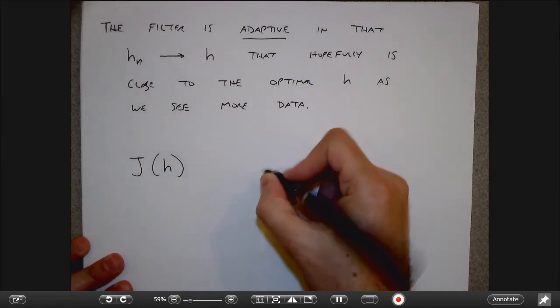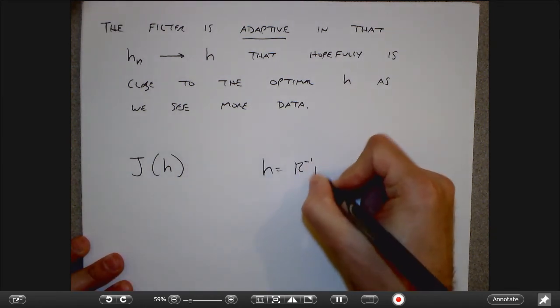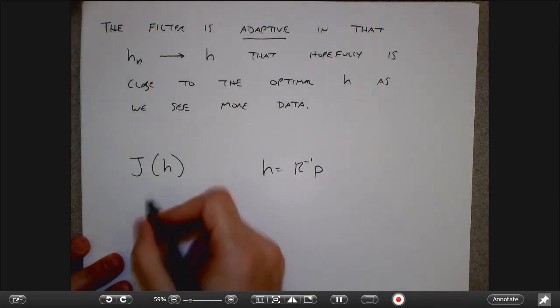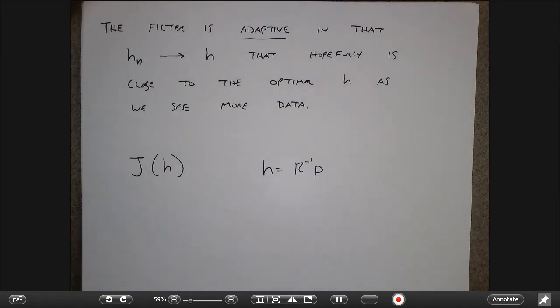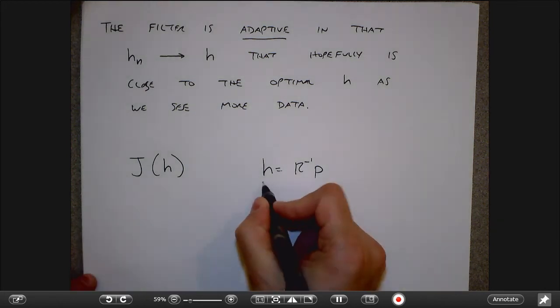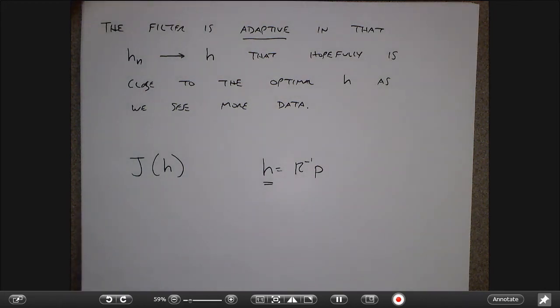I can write this equation and know what the optimal answer is. But there are some cases where it's not so easy to explicitly write what the optimal thing should be, right? In that case, you're forced to deal with what are called numerical or iterative optimization techniques, where you try and recursively or iteratively find your way to the right answer, right?